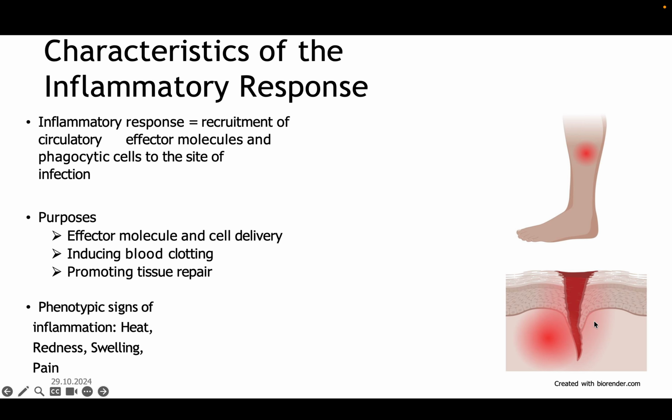The four things you will feel and see are heat, redness, swelling, and then of course it's going to be painful. All of these four are because of inflammation, the response that happens. And I'm going to tell you why every one of those symptoms comes out.